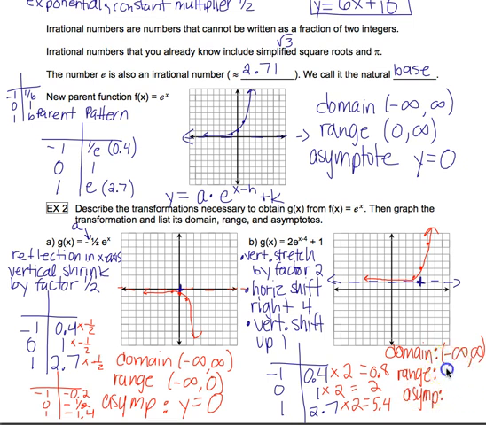The range on this one starts at the asymptote and goes up, so 1 to infinity. Remember, that should correspond with your vertical shift. And then my asymptote is y equals 1. All right, rewind if you feel like you need to hear anything again. Otherwise, you should be set to go on to your homework.